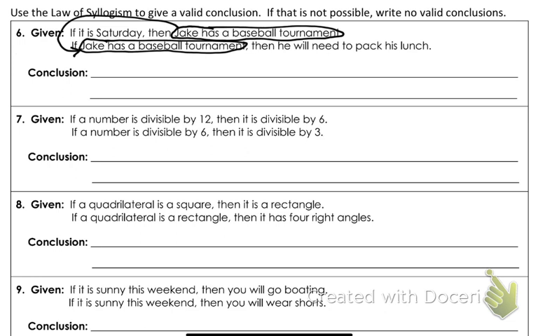So how we're going to rewrite this is we're going to rewrite this as if it is Saturday, just like remember how I said if you keep cable you end up in a ditch? I just want the beginning and the ending if we're using law of syllogism. So I don't want to know about Jake having a baseball tournament. I want to go straight to then he will need to pack a lunch.